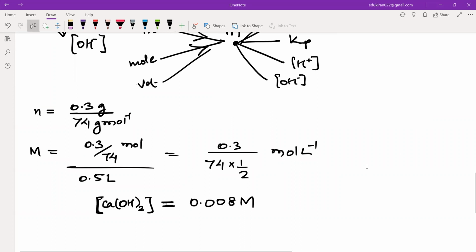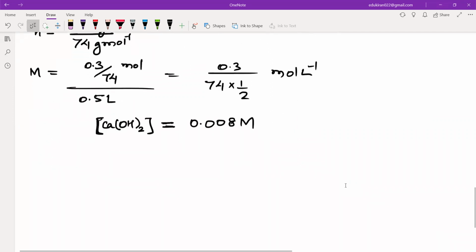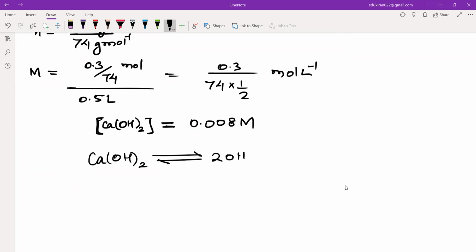Now we have to calculate the concentration of OH negative. We don't have to end here. For that, you have to write the reaction. Ca(OH) whole twice gives 2 OH negative ions for each mole, plus Ca2 positive.